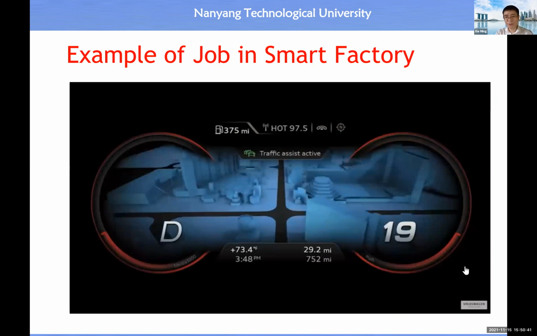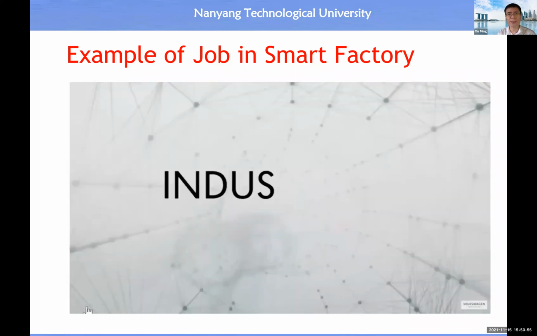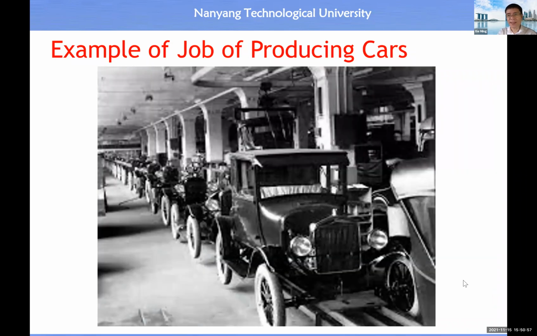All right, so this short video basically gives you an idea about the job in manufacturing, in which you could identify many tasks for robots to perform, right? And this picture basically shows you a production line which will produce cars in big quantity.